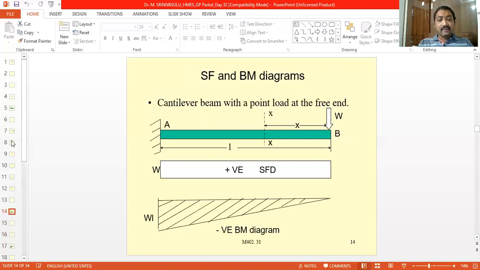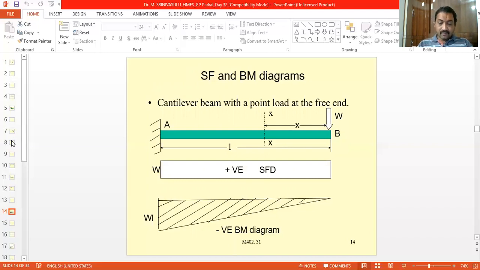Generally we consider a section at any point. So now I am considering a section XX at a distance of X meters from the free end, that is the end B.